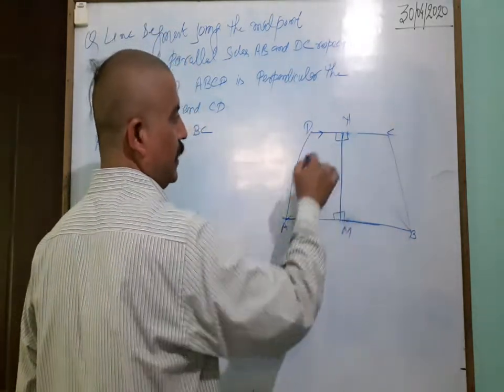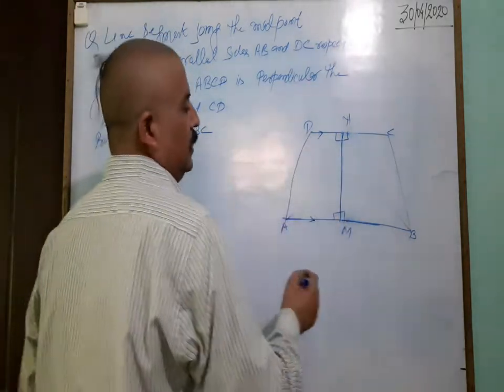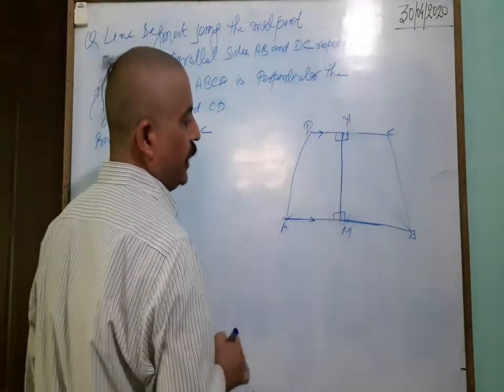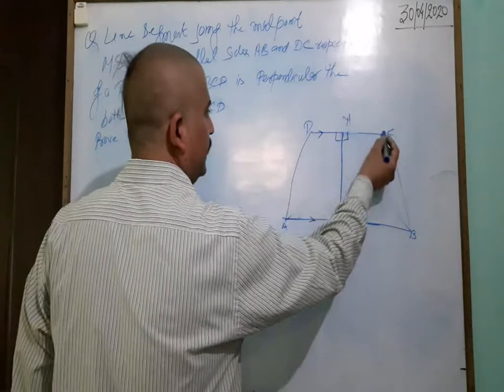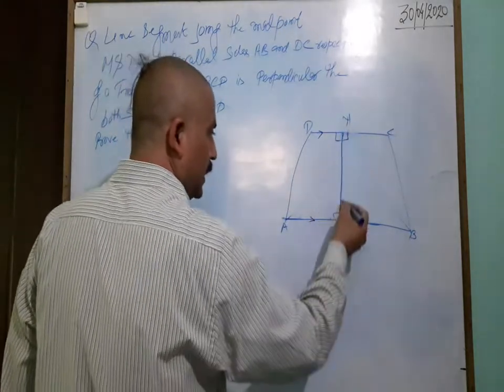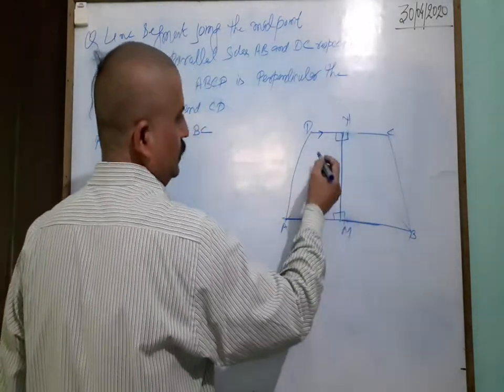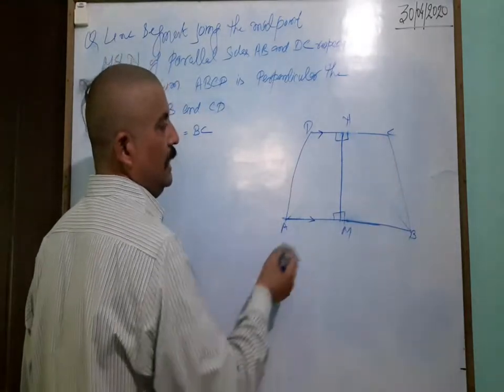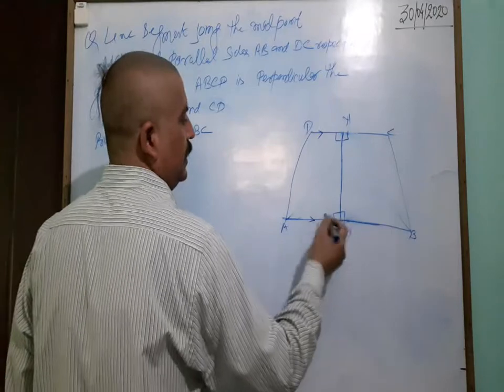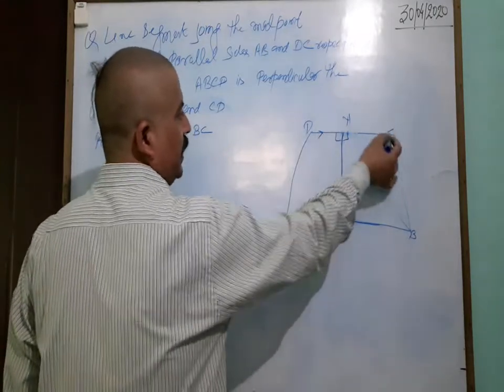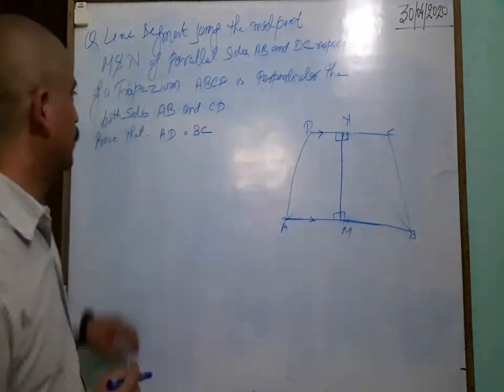M and N are the midpoints of AB and DC, and MN is perpendicular to AB and MN is perpendicular to DC. So prove that AD is equal to BC.